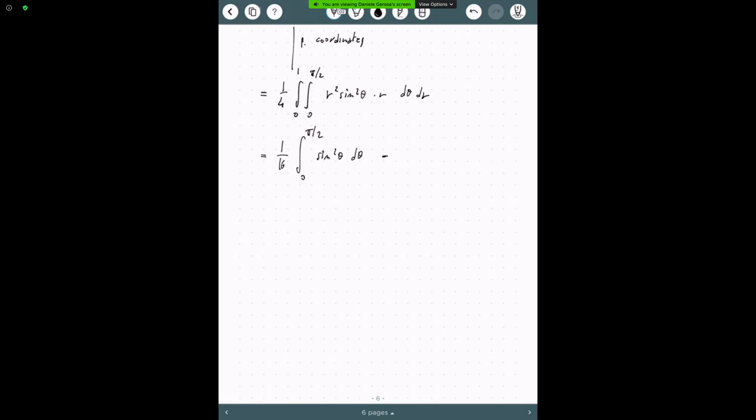And this is again something that you can do with the double angle formula. Pi divided by 2, that's 1 minus cosine 2 theta divided by 2 in d theta. And this is equal to pi divided by 64.